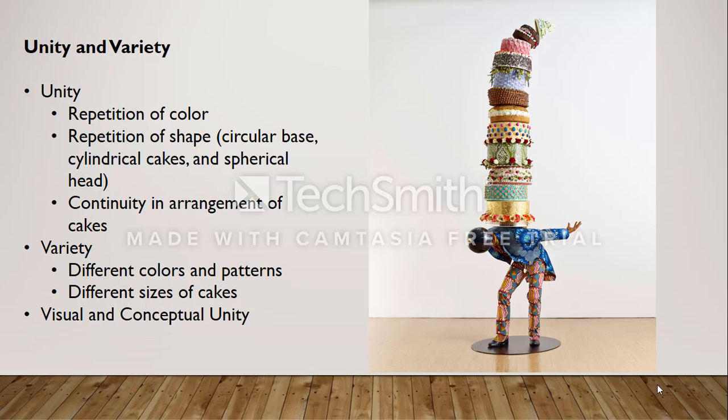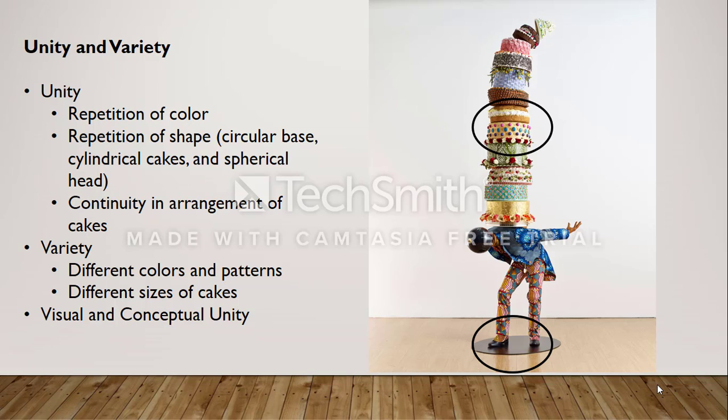Returning to Shonibare's sculpture, we can observe how the artist's use of unity and variety contributes toward the expressive content of the whole. There is unity and variety in the repetition of colors and shapes. Notice the repeated use of circular forms: a circular base, cylindrical cakes, and the spherical head.